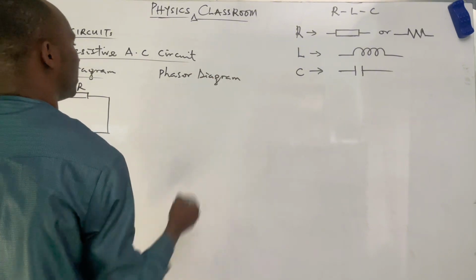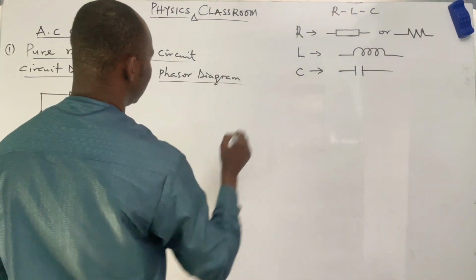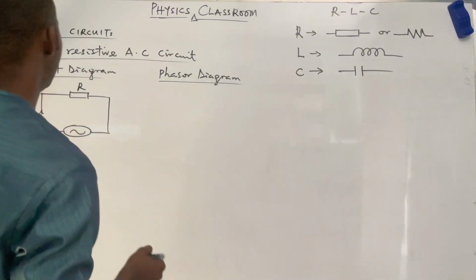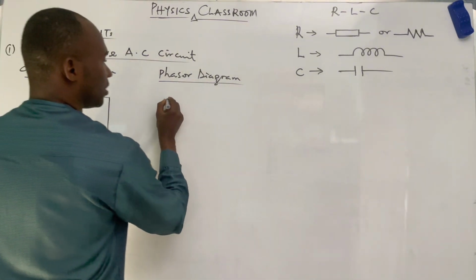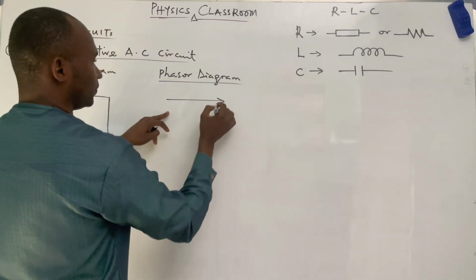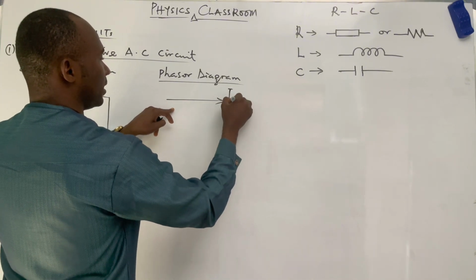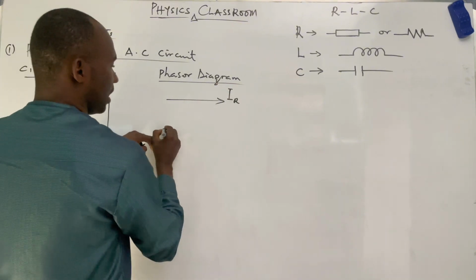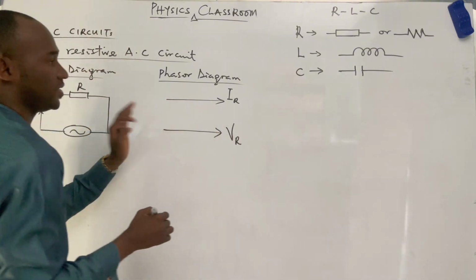The next diagram we'll be having here will be the phasor diagram. It's from this diagram that we get the phase angle at the end of the day. The phasor diagram. We know we are dealing with pure resistive AC circuits. So the current, that is IR, and the voltage, which is VR, are in phase.